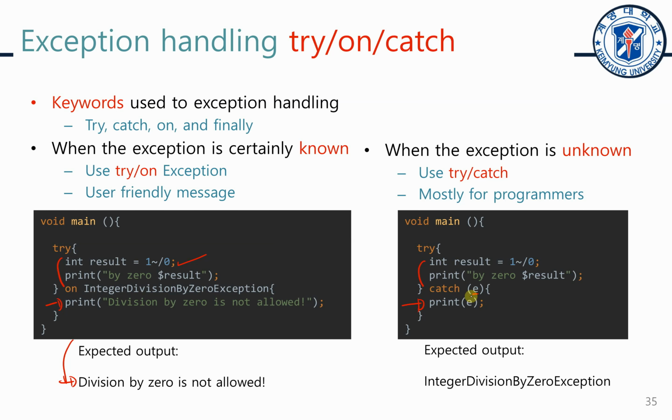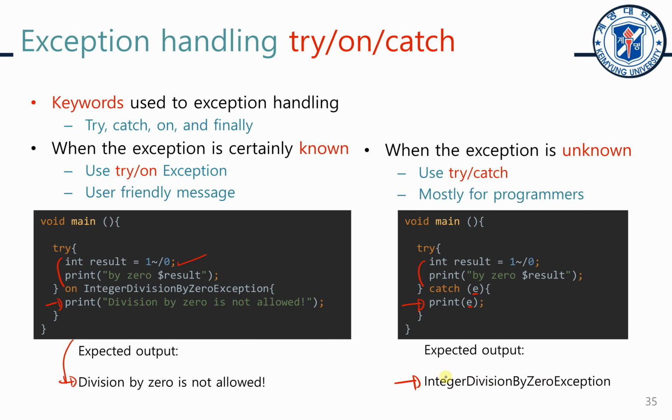This is any exception, and you print this exception. Okay, so at this point the output will look like this. So it will say integer division by 0 exception. So now this is a message from the compiler.